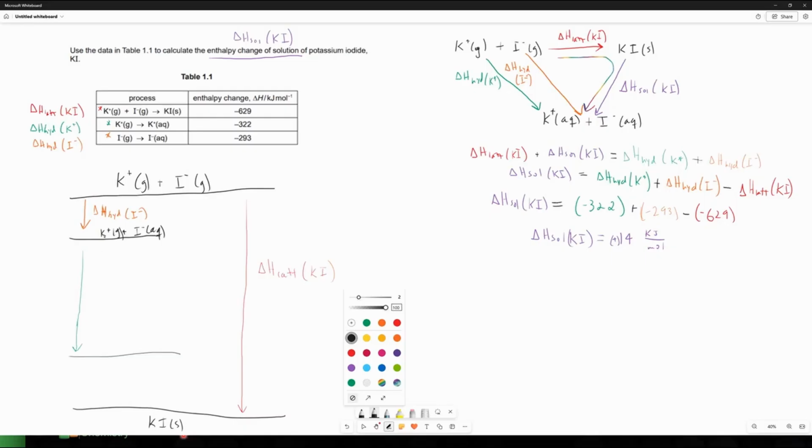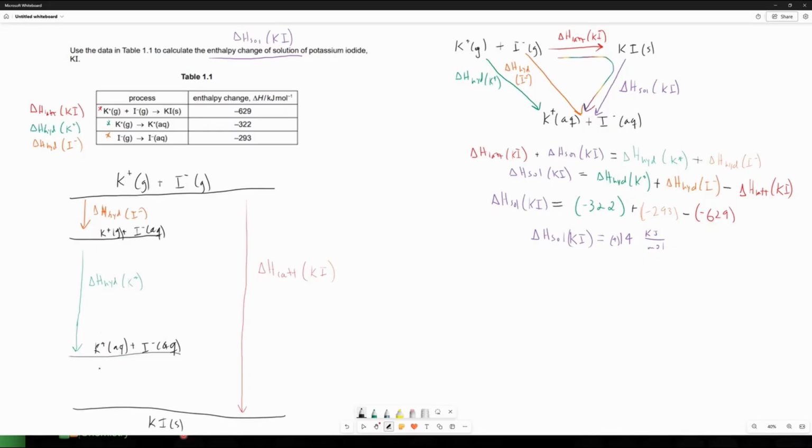And then when we hydrate potassium, so when we do the delta H of hydration for K plus, we're going to turn that K plus gas to K plus aqueous. Oops, this should be black. So we're going to be turning that to K plus aqueous. And then we had already turned the iodide to I minus aqueous.